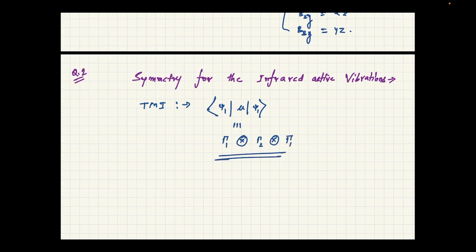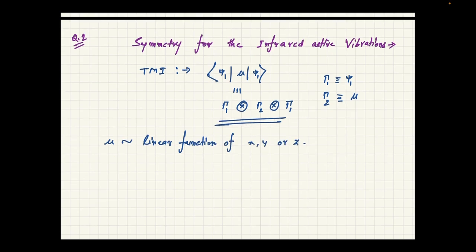Here gamma 1 represents psi 1 and gamma 2 represents the dipole moment matrix element mu. So the dipole moment mu is a linear function of x, y or z, right?